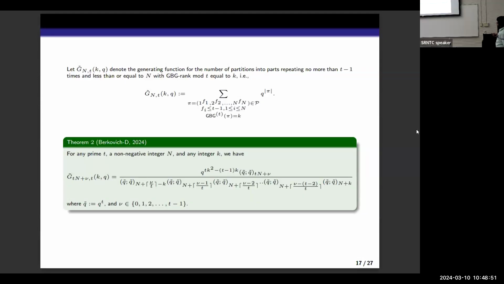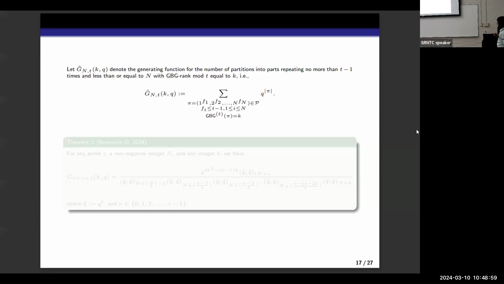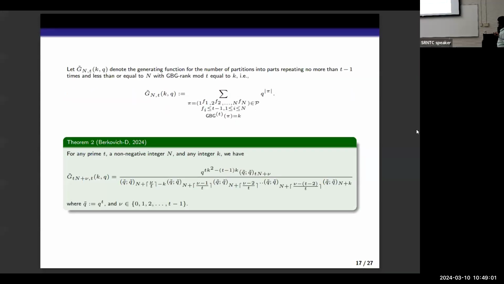Again, we consider t prime, and then we have this generalization here. And it's beautiful. If you look at this, it's almost the same, except that here the numerator has this extra factor. And that was the same case for the t equals 2 result of Berkovich and Uncu. So that gives a hint that this might be connected to the first theorem.